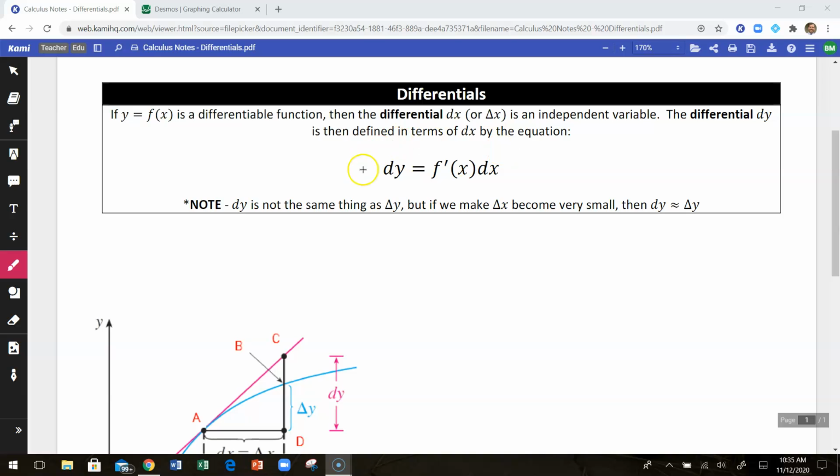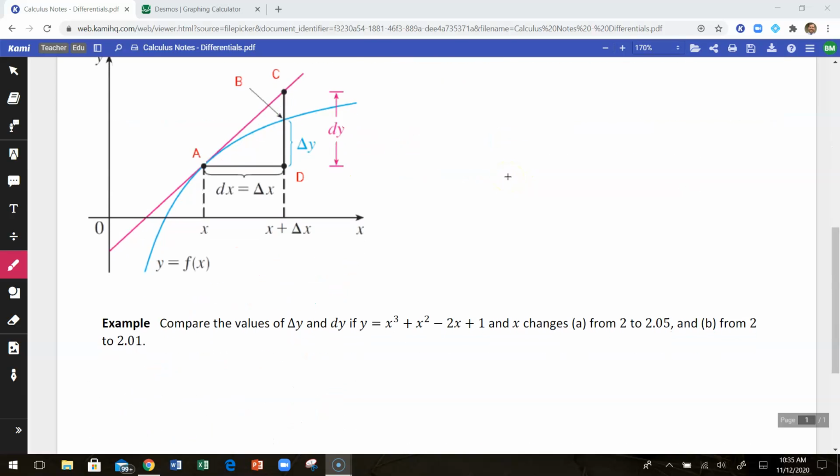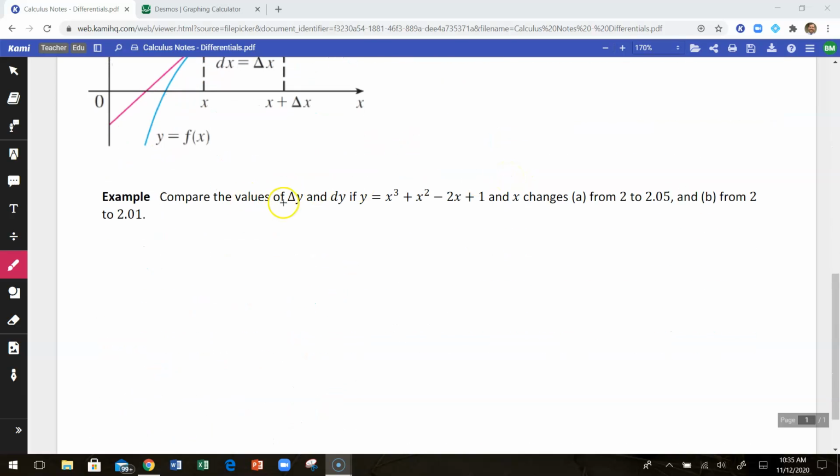Okay, so we're going to use this formula to go through an example here. Compare the values of delta y and dy for this function y equals x cubed plus x squared minus 2x plus 1, and x changes from 2 to 2.05 and from 2 to 2.01. So here's the idea. Delta y is simply just the change in y value.